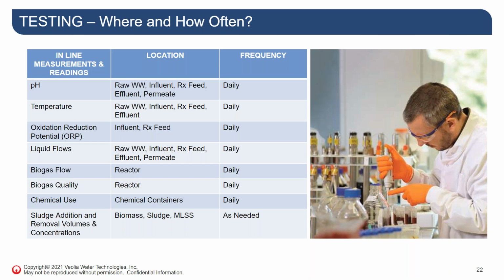The problem is pH meters go out of calibration a lot. And you're using at least one or two of these pH readings to control the pH in the reactor. So you want to make sure that the pH meter that's being used to adjust the pH in the reactor is reading correctly.